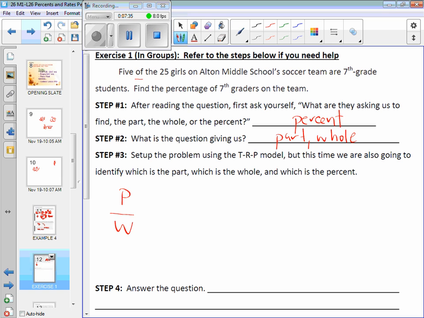When you see this word of, think about a ratio. 5 of 25. That 5, part or whole? Part. Absolutely. Parts on top. Out of. That makes the whole.